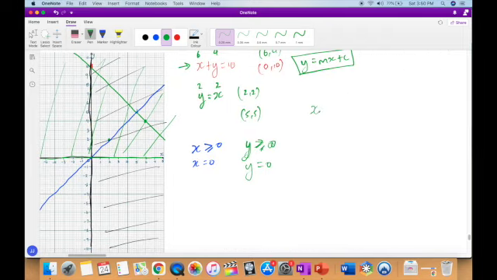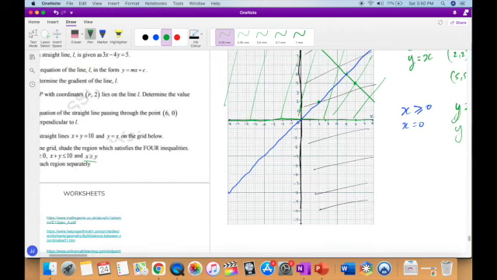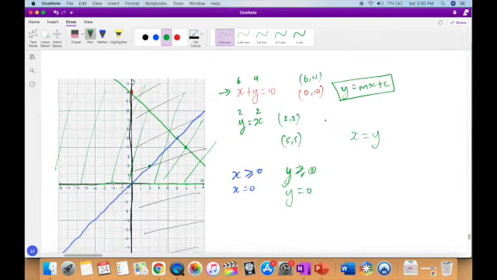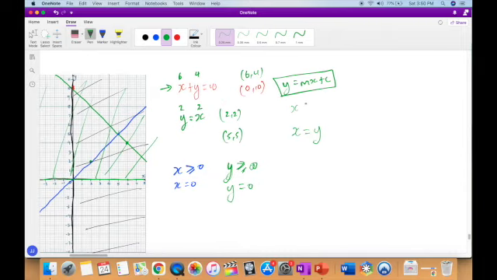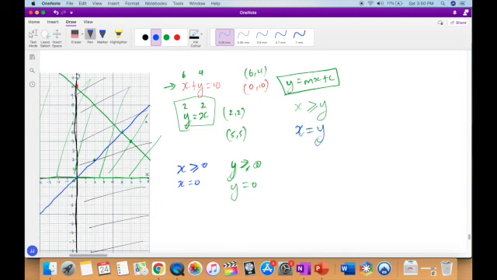That comes from the line x is equal to y, which is the same as the line y is equal to x, so that is this blue line over here. So we already drew that line.